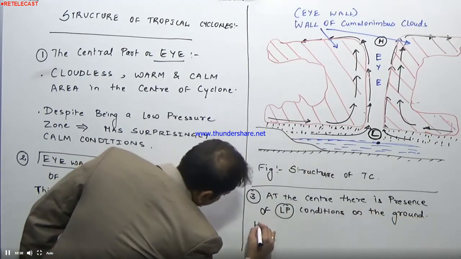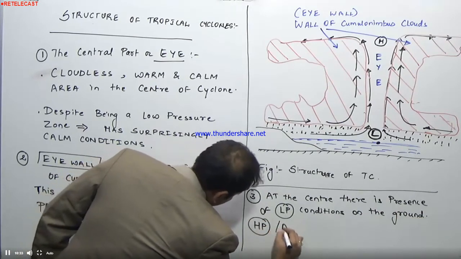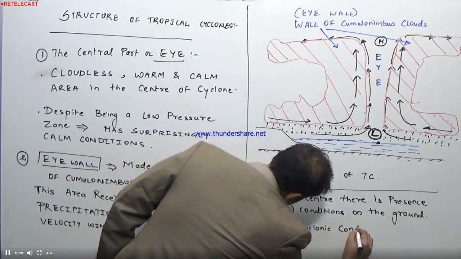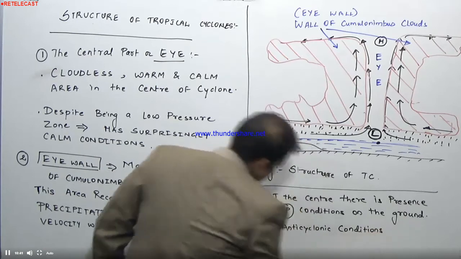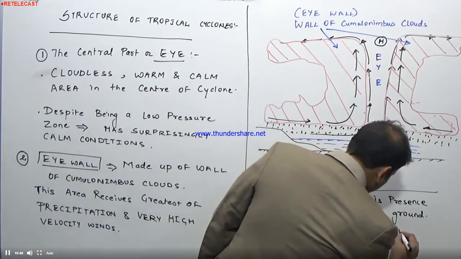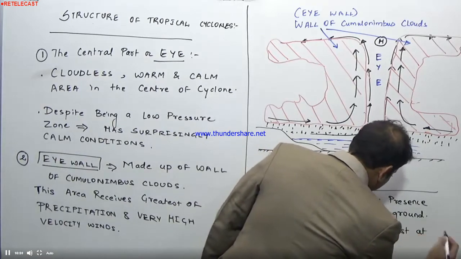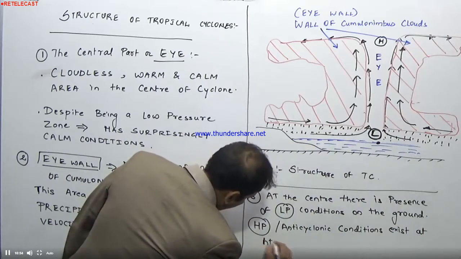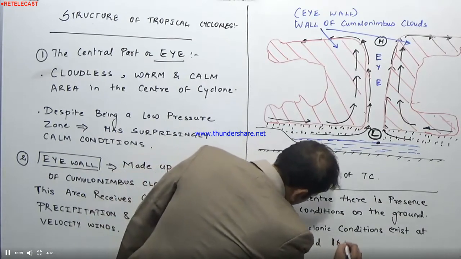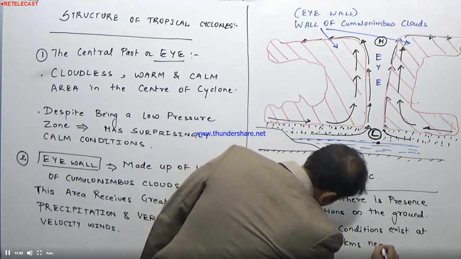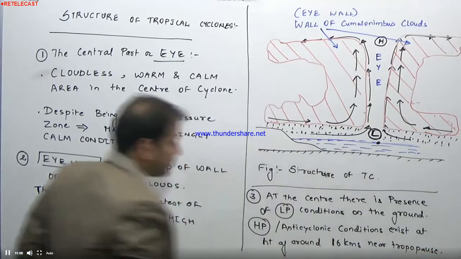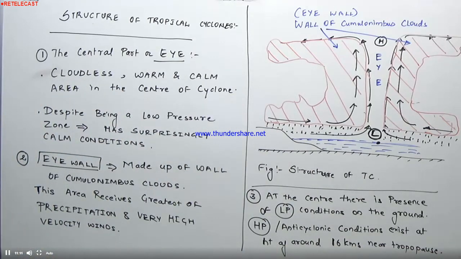On the other hand, high pressure or anticyclonic conditions exist at a height of around 16 kilometers near the tropopause.